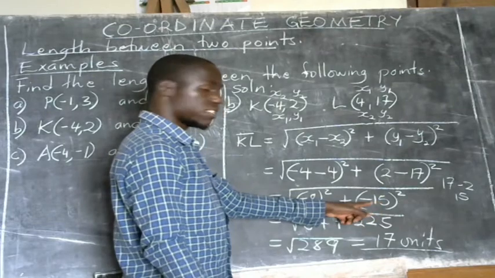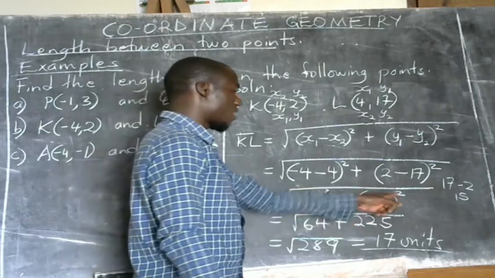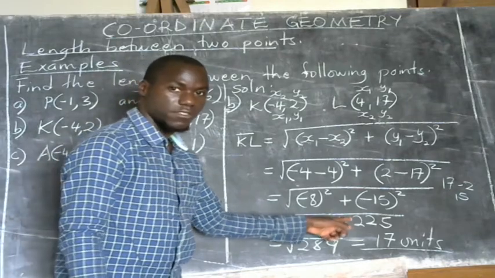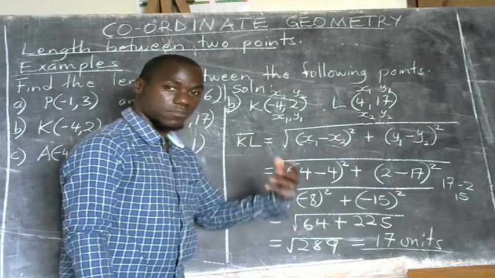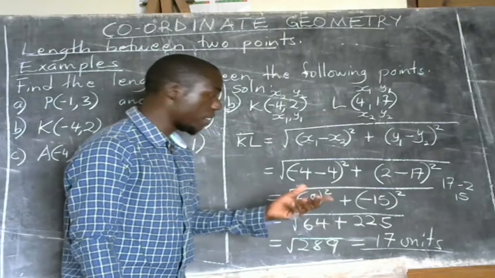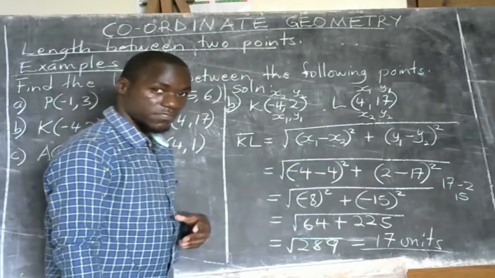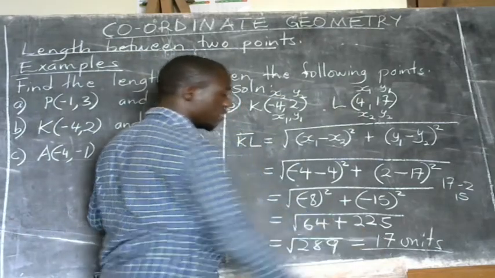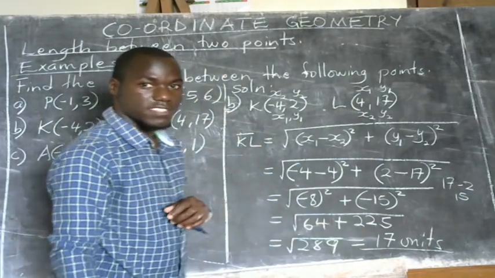Here we got negative 15, but the square will always help us to give the answer as a positive, because the square means number times that number. So a negative number times a negative number will give us a positive answer. So even if you interchange here, we shall always get the same answer.